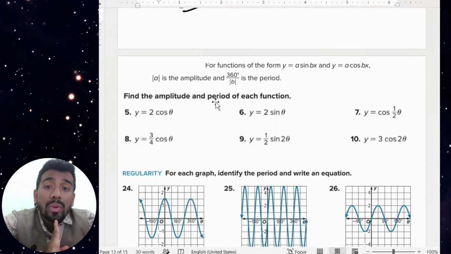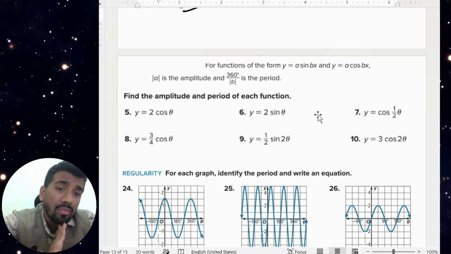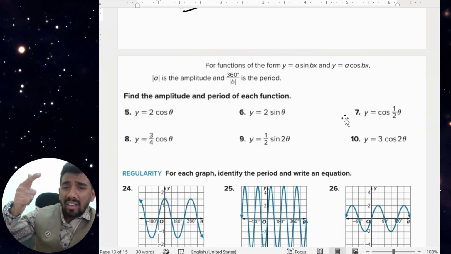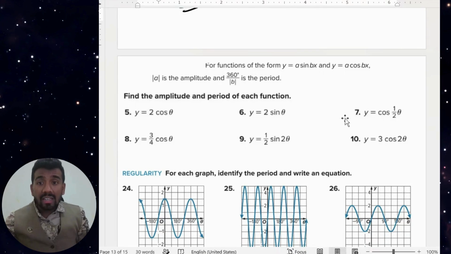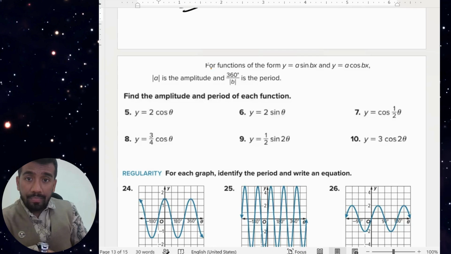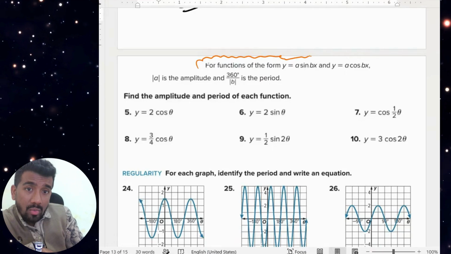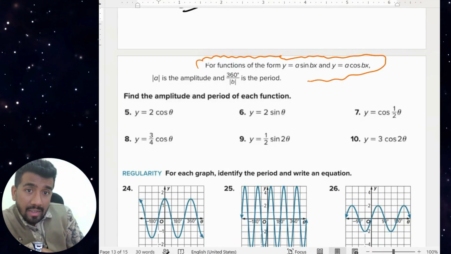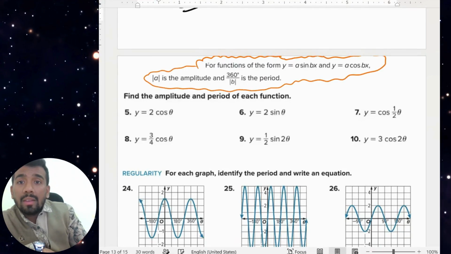Find the amplitude and period of each function. Now to find amplitude and period of these, all cosine and sine, you should know the rule, right? What's the rule for sine and cosine? Very easy. That's what I have marked over here. So that's the rule. For a function of the form y equals a sin bx and a cos bx, the following is the amplitude.